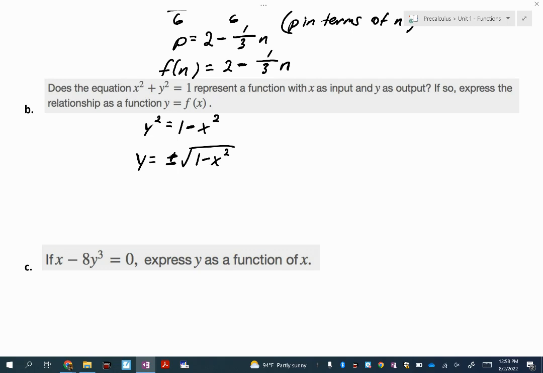And we said from the very beginning of this lesson, if you take an input and it gives you multiple outputs, then this is not going to be a function. You're repeating your inputs. You'd have 0, 1 and 0, negative 1, which would be an issue. So actually, this is not a function. This is a relation.